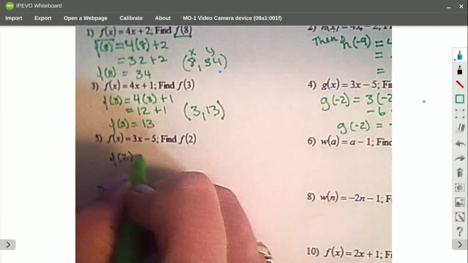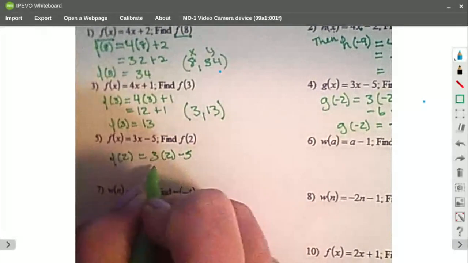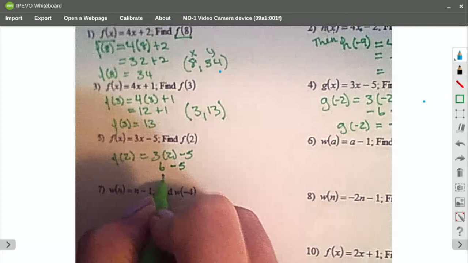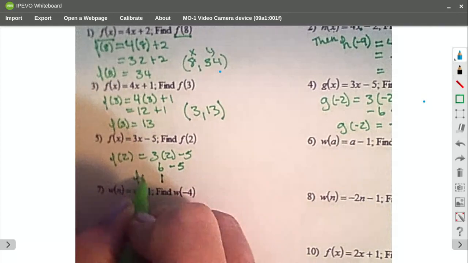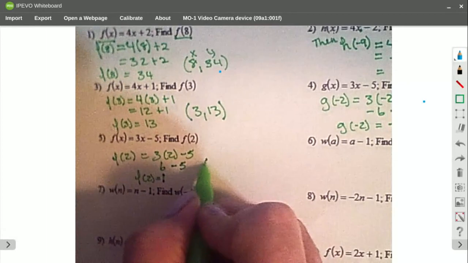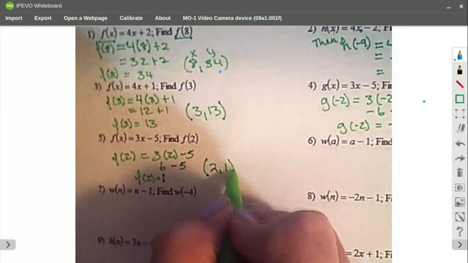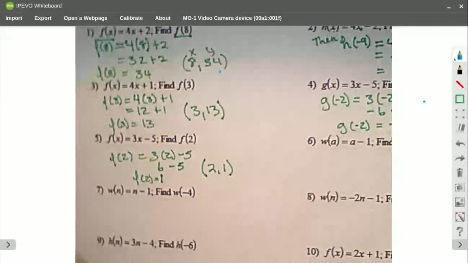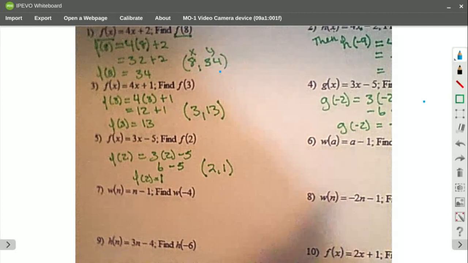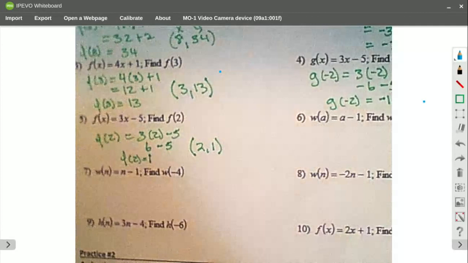F of 2 is equal to 3 times 2 minus 5. 6 minus 5 gives me 1. F of 2 is equal to 1. Coordinate, x is 2 and y is 1.